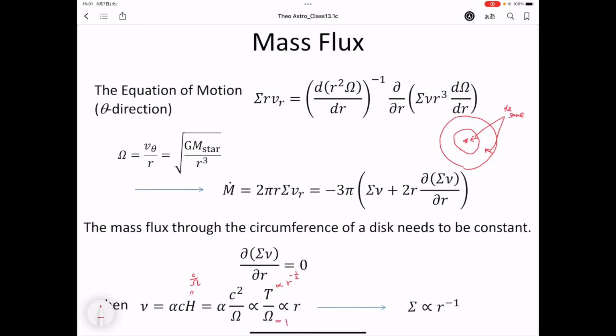And omega is r to the minus 3/2. So nu is proportional to r. Then nu times sigma has to be constant, independent of r. Then we could find the r dependence of sigma: sigma is proportional to 1 over r. So we could find the steady state surface density using this simple order of magnitude analysis.